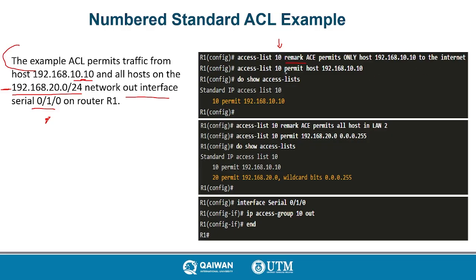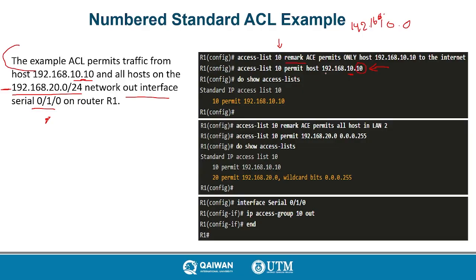Now we have access-list 10 permit host 192.168.10.10, so it will only permit this IP address from the 192.168.10.0 subnet.